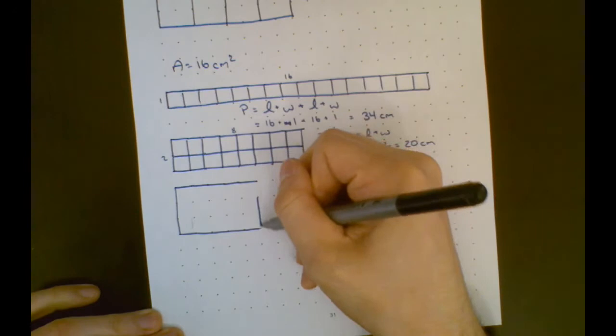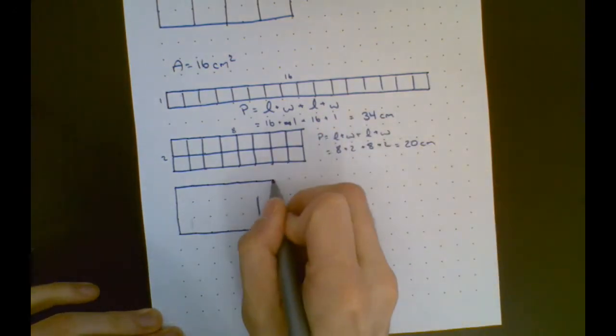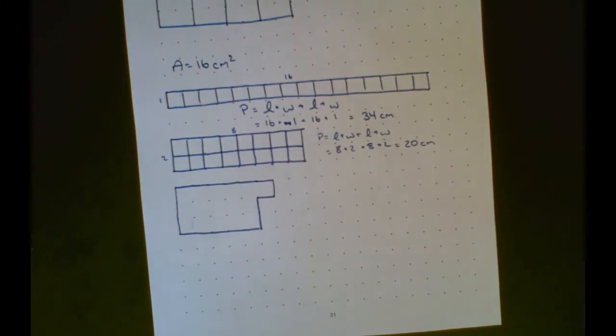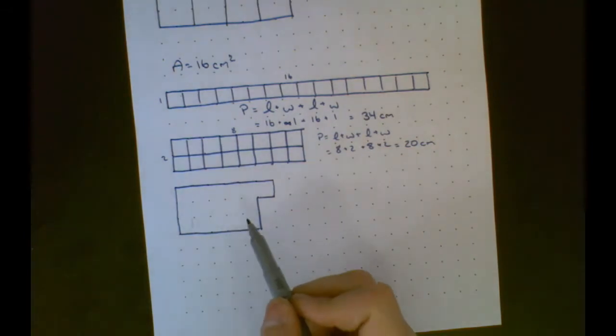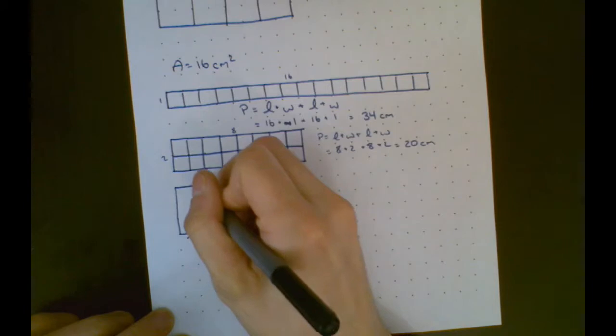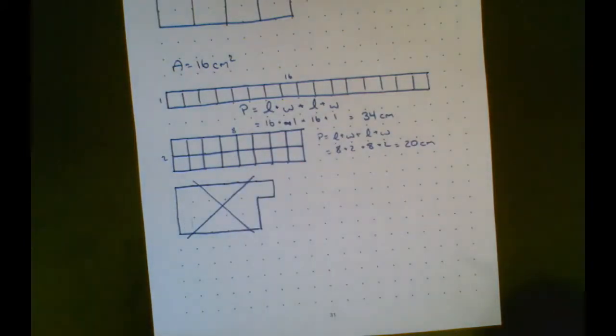If I want an area of 16, I'm going to have to do this. Now, will we do shapes like this eventually? Yes, but we are looking at equal areas for rectangles. This is not a rectangle. It's a shape, but it's not a rectangle. So this does not work. We cannot use that one.